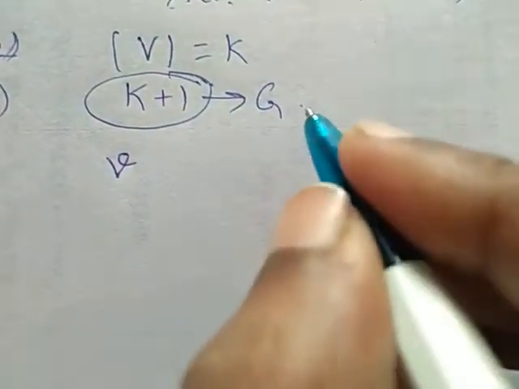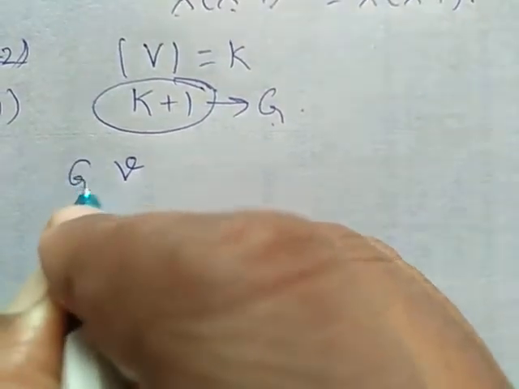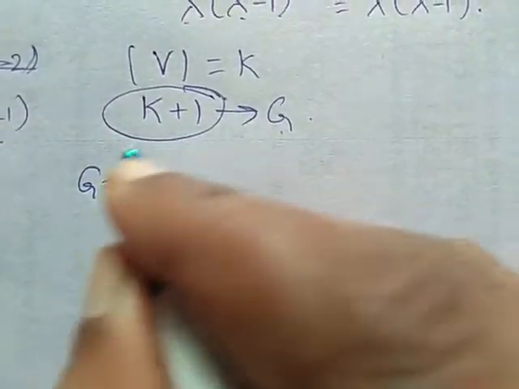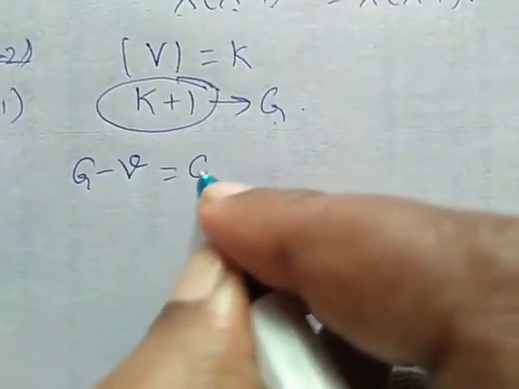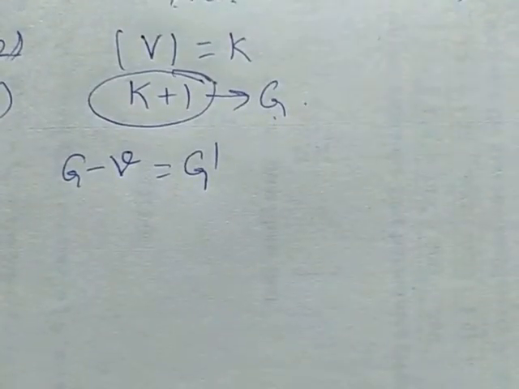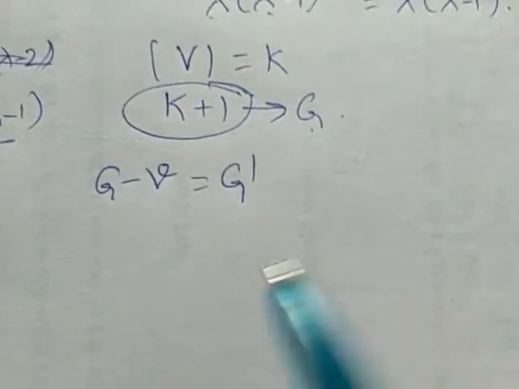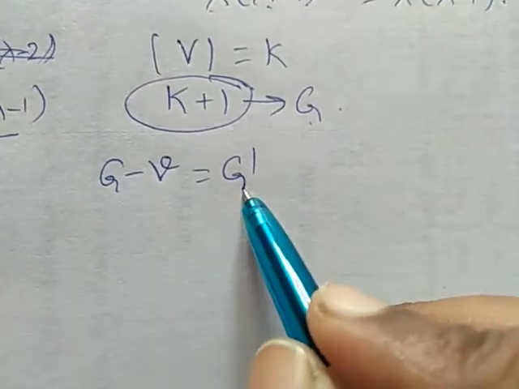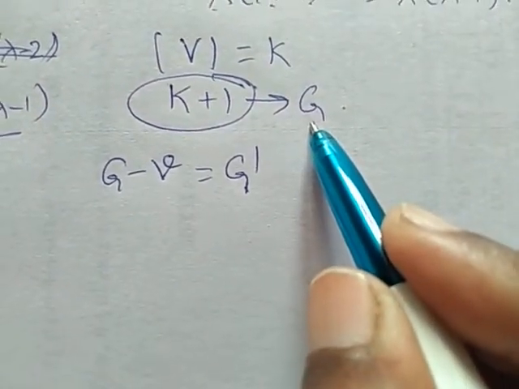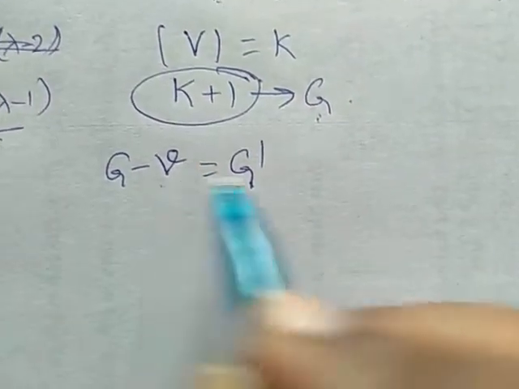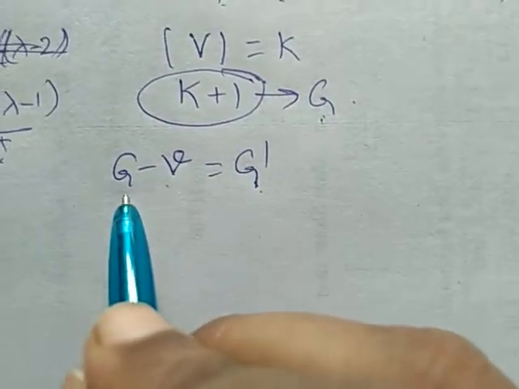I am going to remove V from G. I am taking this as a subgraph of G, that is G dash. So G dash is obtained from graph G by removing the pendant vertex V. So G dash is G minus V.